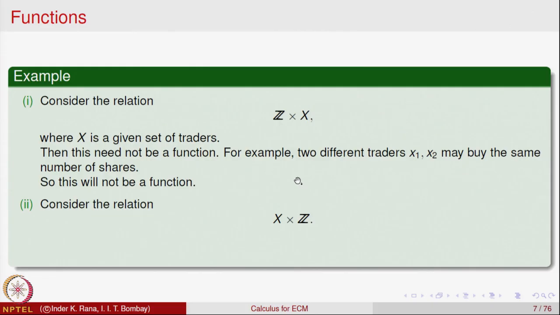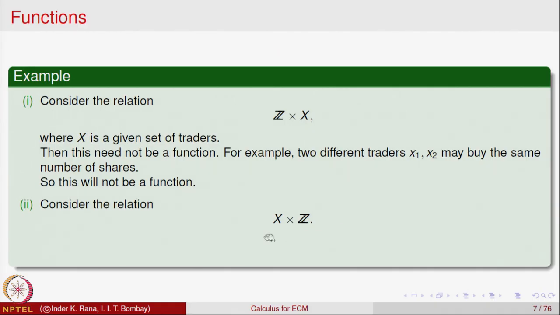But let us just look at X cross Z. So, what does that mean? Now, here X is the traders and Z is the number of shares they buy. So, each trader either buys some shares, so that will be some positive number, or does not do anything, no activity, the number will be 0, or sells something, so the number will be minus n.